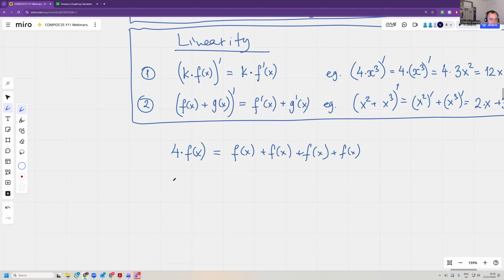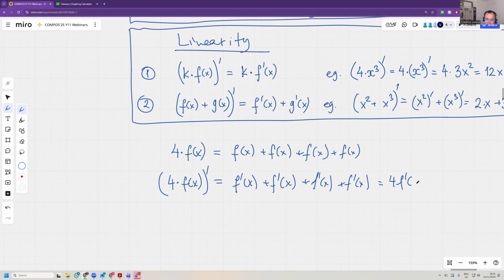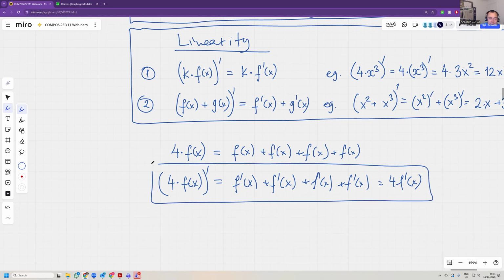And if you're trying to find the derivative of 4 times f of x, the derivative is f dash of x plus f dash of x plus f dash of x plus f dash of x, which is simply 4f dash of x. So that's how it works.